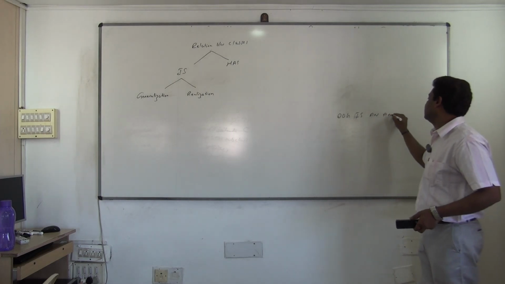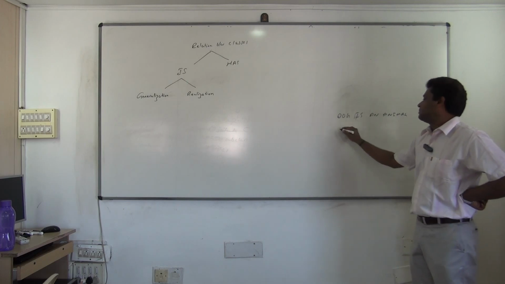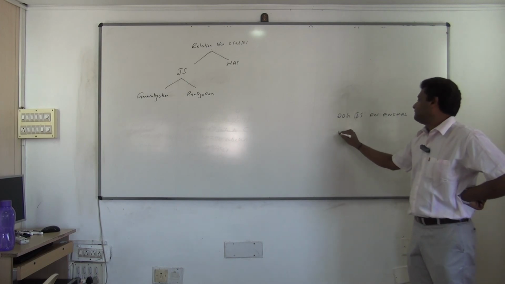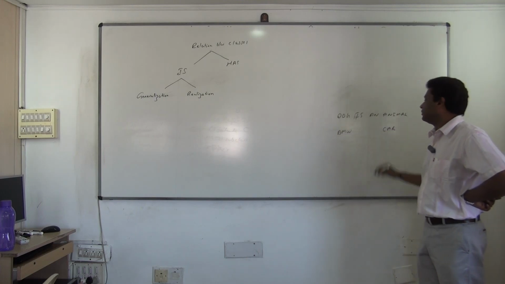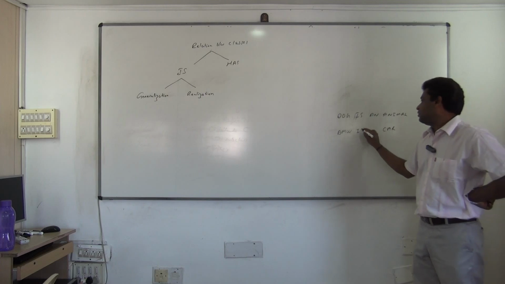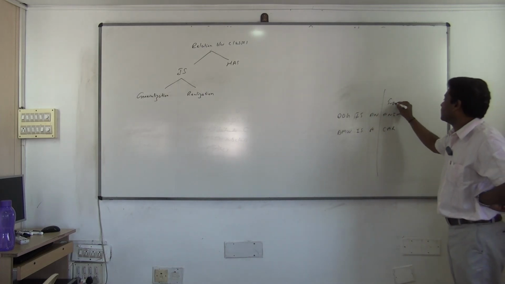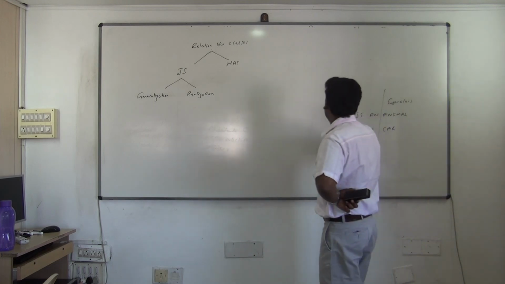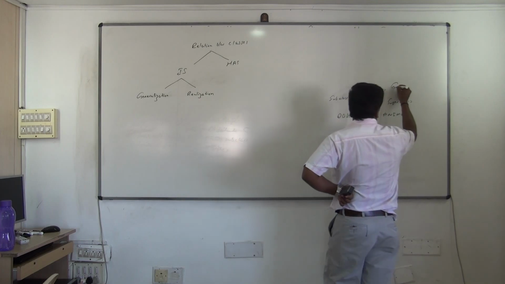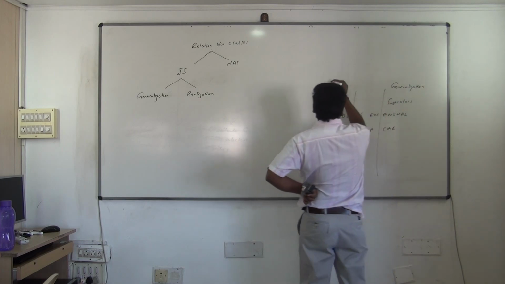Then next, something like BMW, Car. What will you do? Car you will make the superclass. See, this side you start making superclass, and this side you will start making subclass. So this is generalization. Means this is specialization.